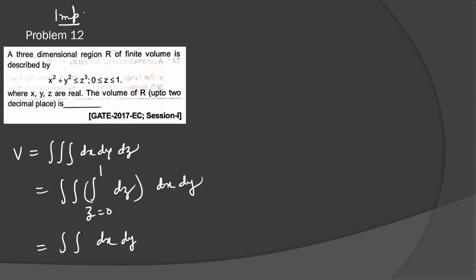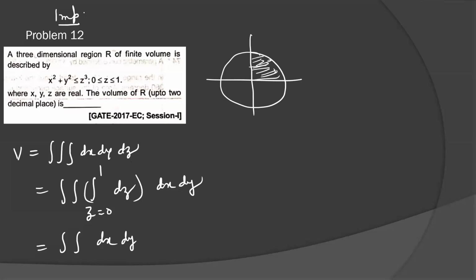Or you can write that if we put, and here we have to take the first quadrant of the circle only, because we cannot take the negative value.